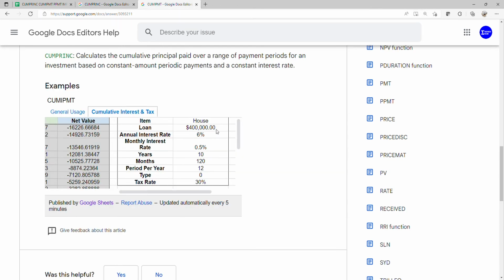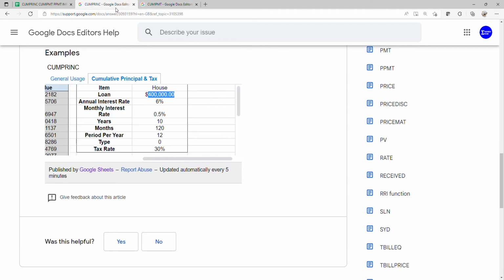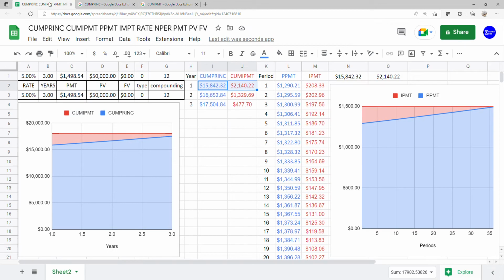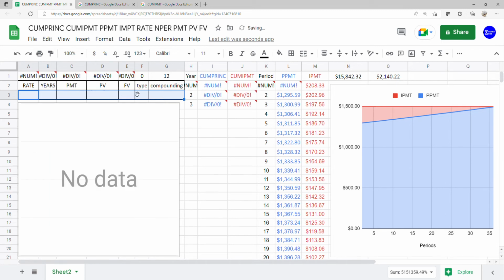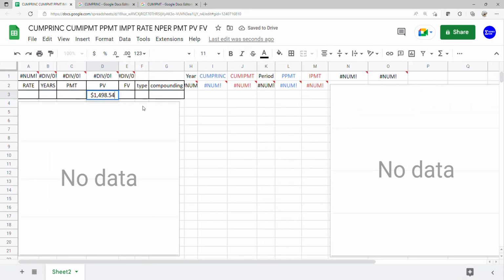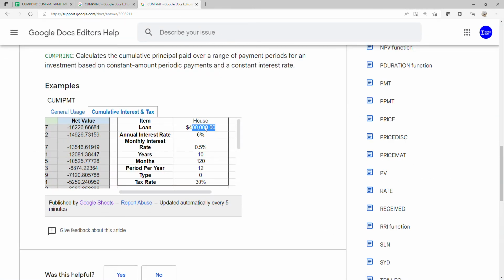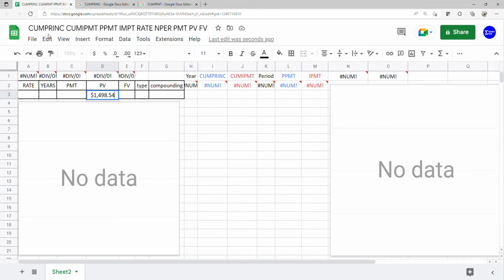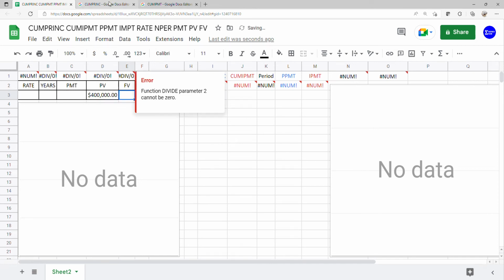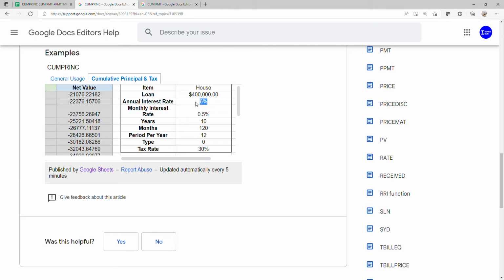The same thing here. So we delete this. Our loan is 400,000. That's our present value.